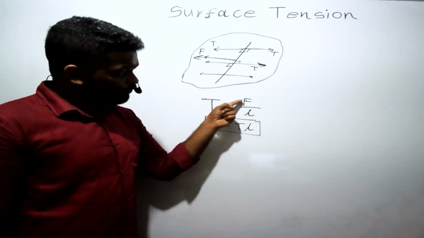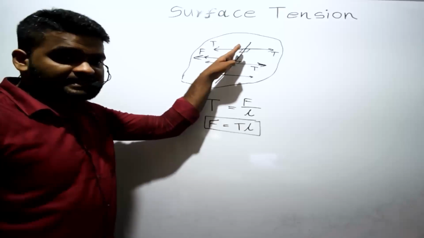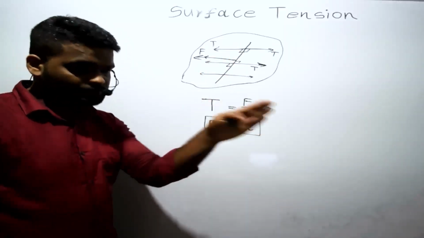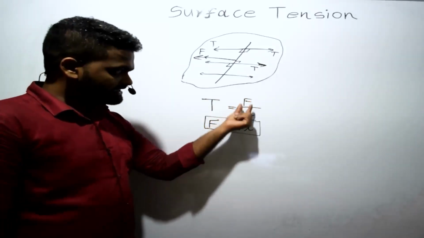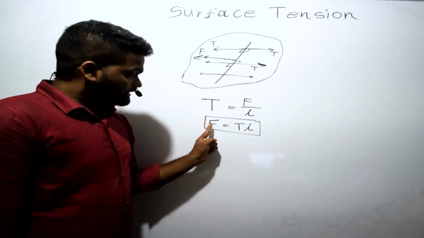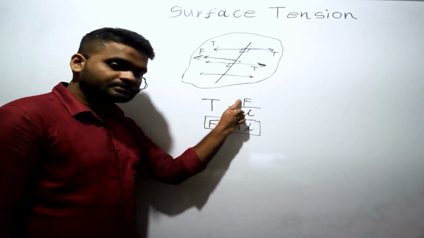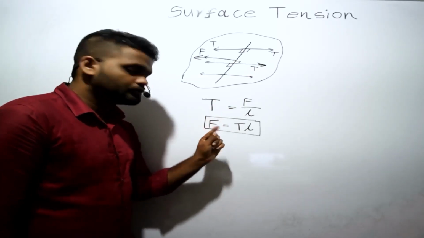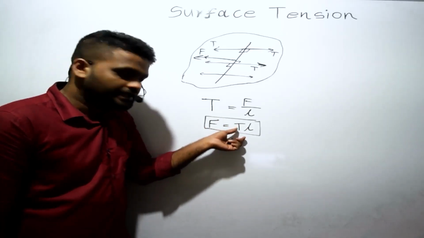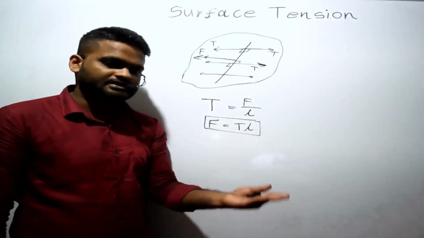So that is force per unit length, but under these conditions: on the surface, perpendicular, to one side, divided by length. But the useful equation in most cases is for this force. We just multiply surface tension by the length we consider. You'll understand what this means when we are doing problems.